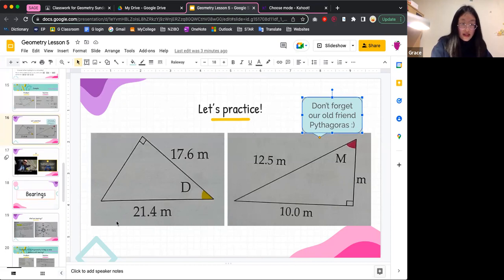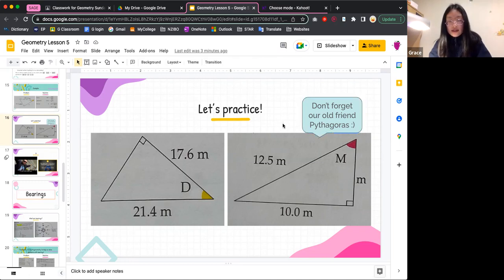To figure that out, you can use Pythagoras, which we learned last time, or you can also use trigonometry. Once you've figured out the angle of big M, you can use that angle to figure out the little m side length. Two ways to go about that problem.